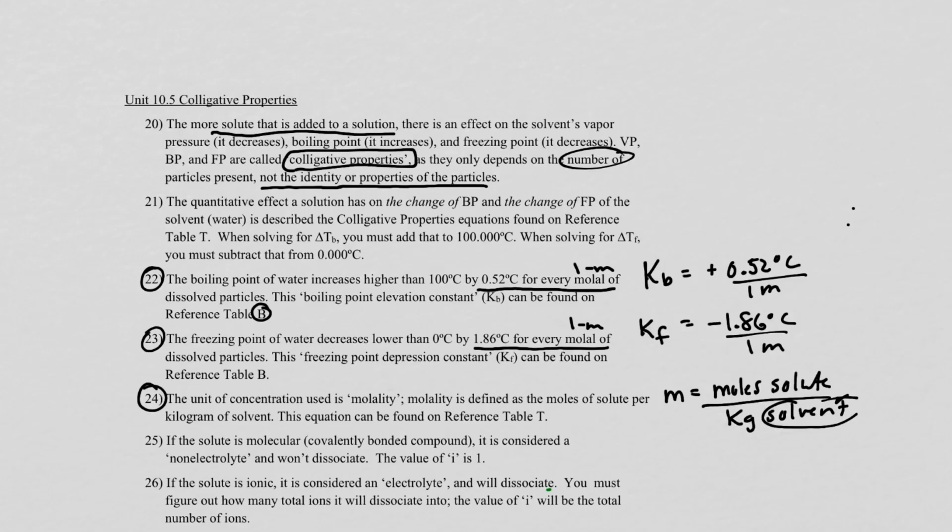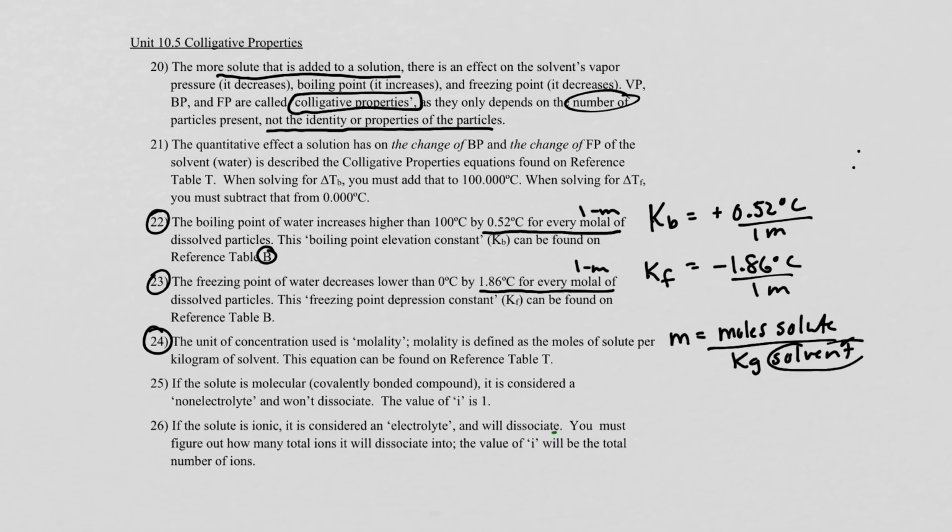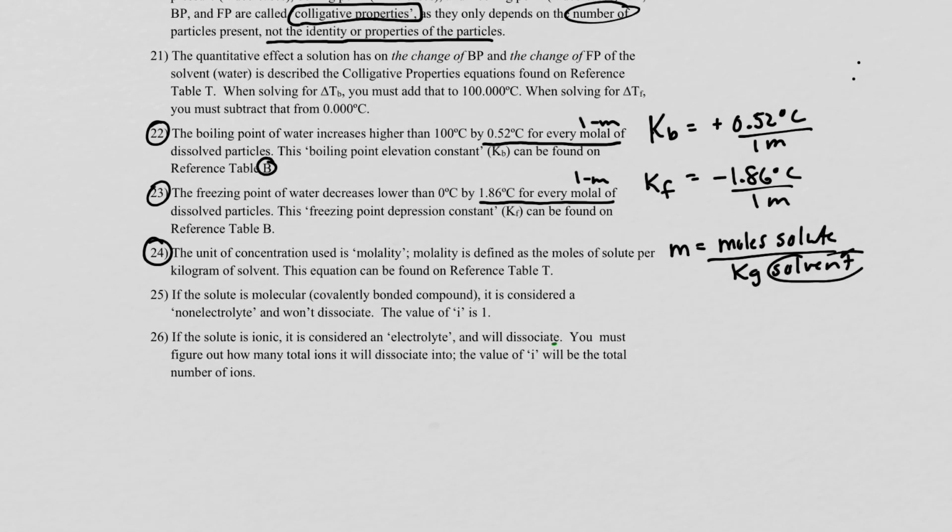Now, putting that together, going back up to point number 21, I'm going to bring us down here to take a look at it. The quantitative effect a solution has on the change of the boiling point and the change of the freezing point is represented by these two equations. Delta TF is equal to i, we'll talk about that in a minute, times KF times m. We know what m is. m is the molality of the solution.